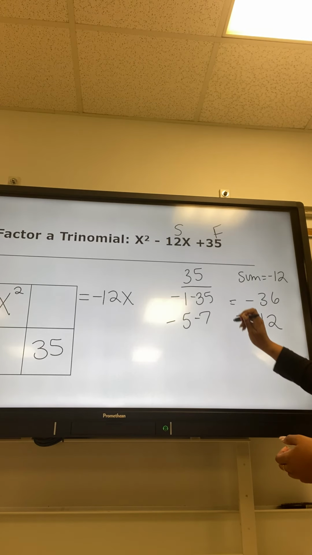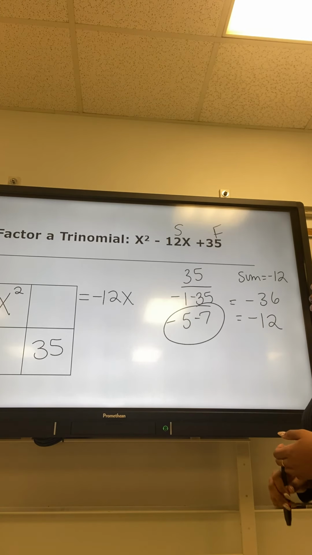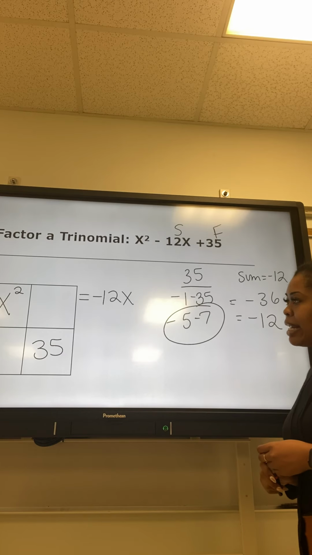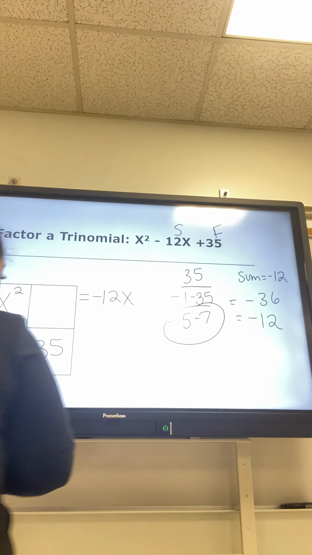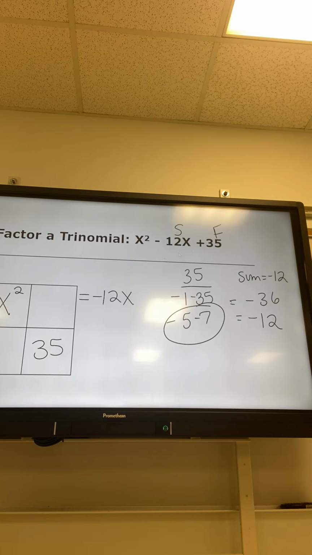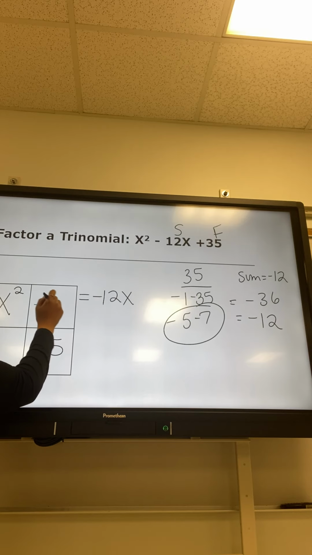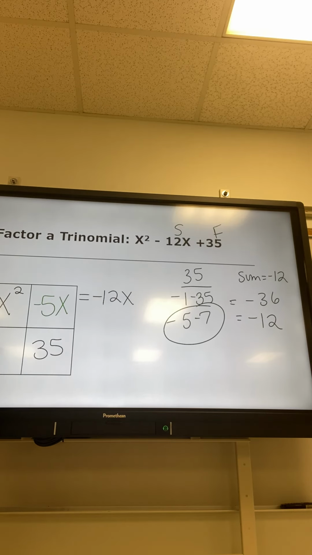We need a negative 12 in the middle, so that means the factors that I want to use are negative 5 and negative 7. So those are going to be what I place inside of the box. So I'm going to put a negative 5, and remember we put an x there, and negative 7x. We know that this first box is x squared, so that means I have to have an x and an x.